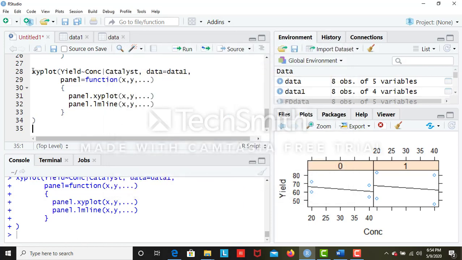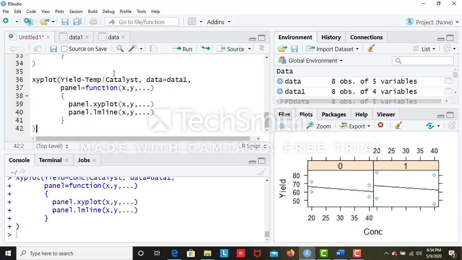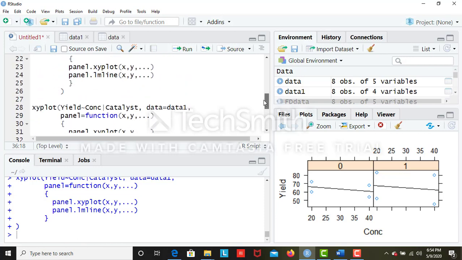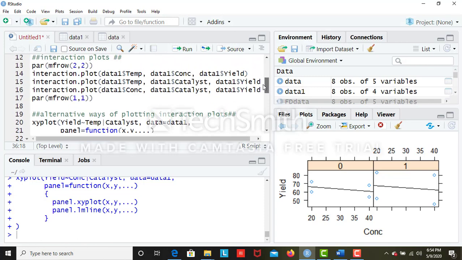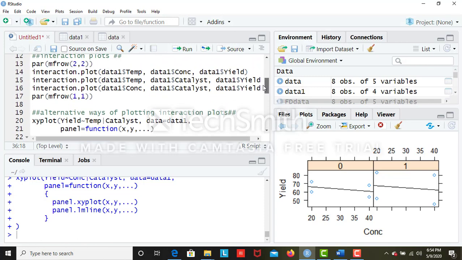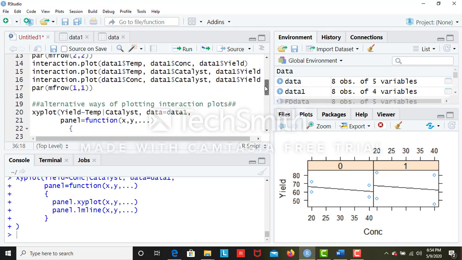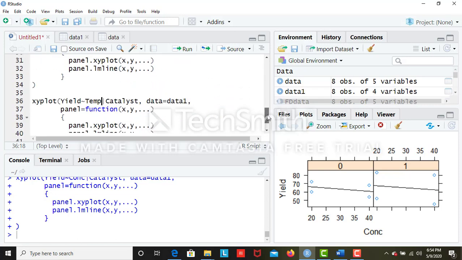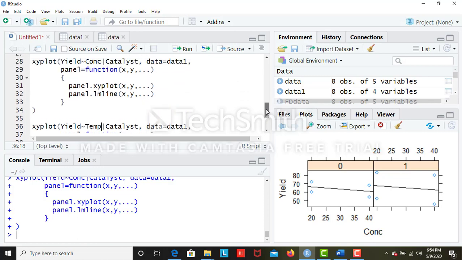So we're going to look at the last one. I'm going to paste it one more time. We're looking at temperature and concentration.